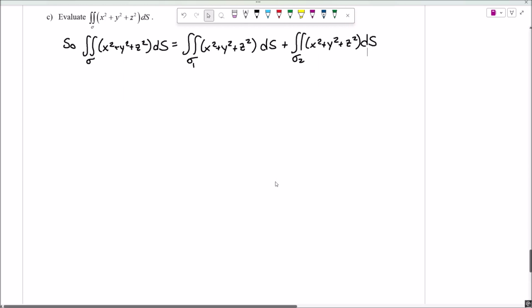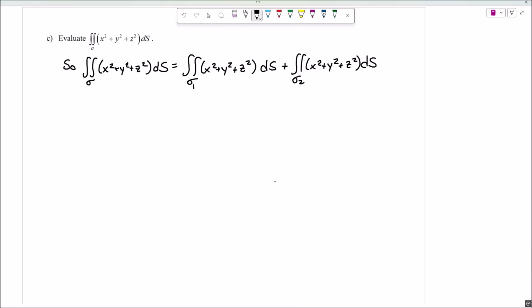Okay, hopefully you did take some time there to figure out what these integrals turned into. Here is what I ultimately got from each of these. First off, I'll skip a lot of the calculation for the sake of time: the partial of r with respect to u crossed with the partial of r with respect to v, when I took that norm, I ended up with a total value of 1.